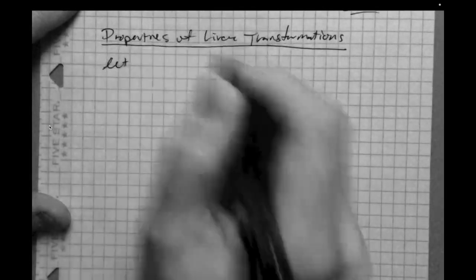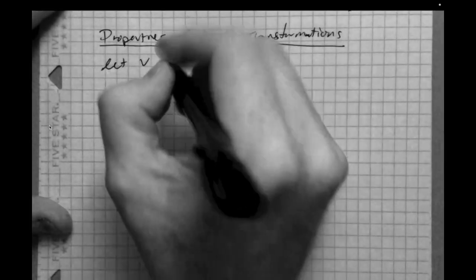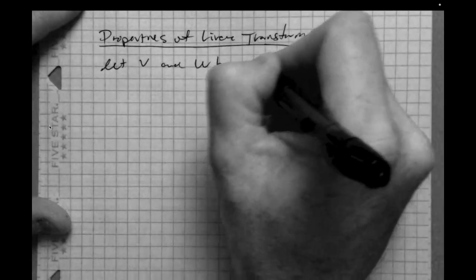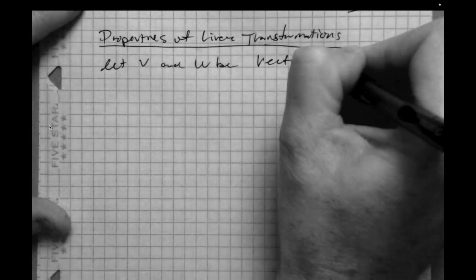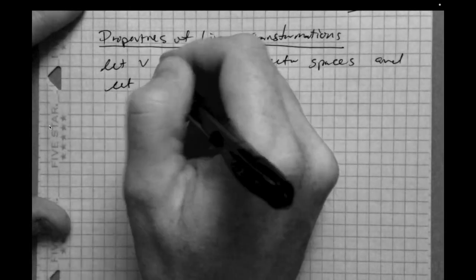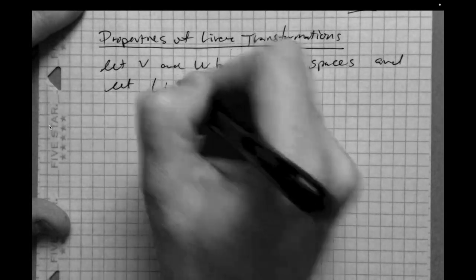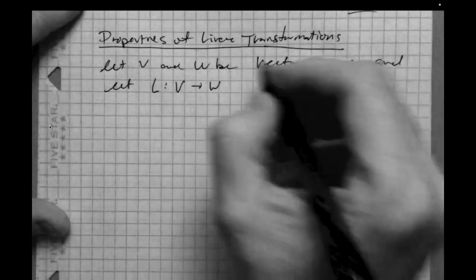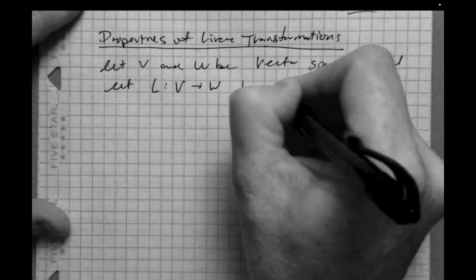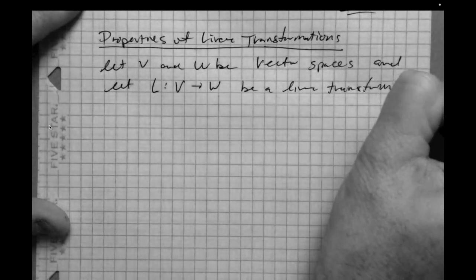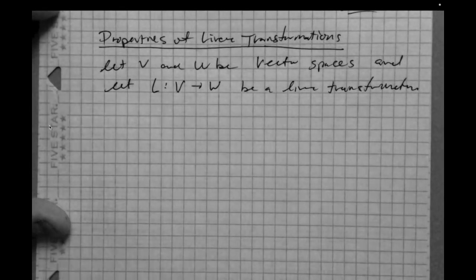Well, let V and W be vector spaces. And let L be a function from V into W, and we're going to say L is a linear transformation.